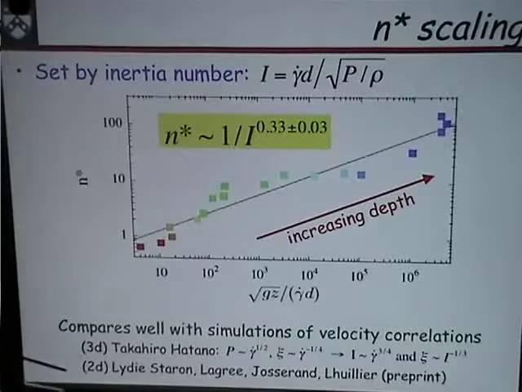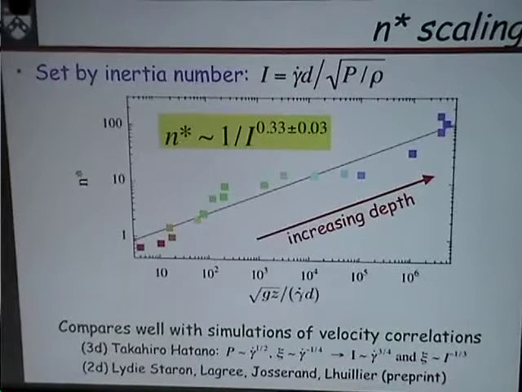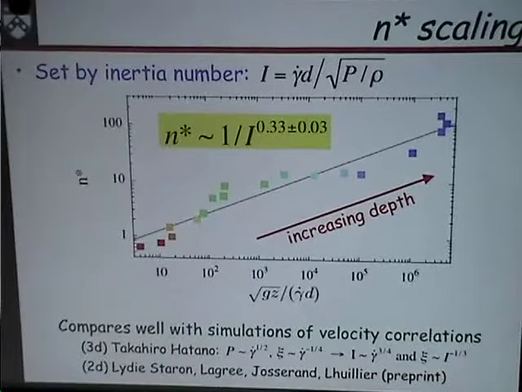I'm actually impressed by your analysis because the dimensional analysis which leads to the I number is based on a homogeneous flow. And in fact, it's really rigorous when you have a homogeneous flow, or, for example, a flow down a plane. In order to arrive at this scaling, you need to make the assumption that you have a local response, in the sense that only the local strain rate matters. And here you are looking deep in the flow.